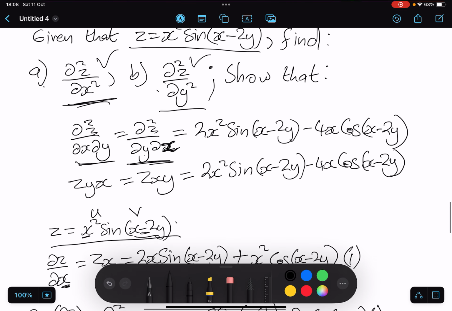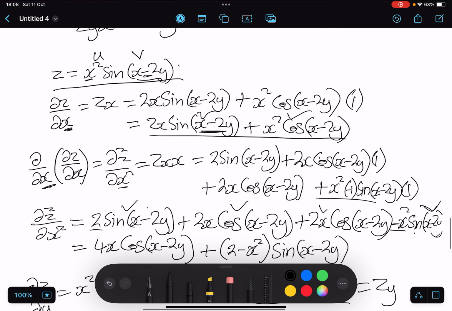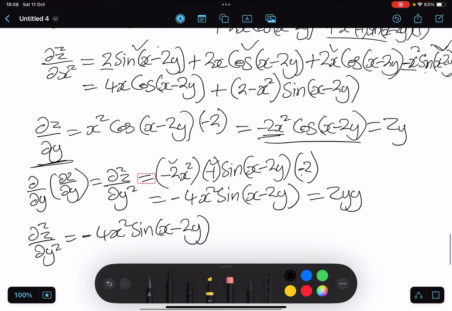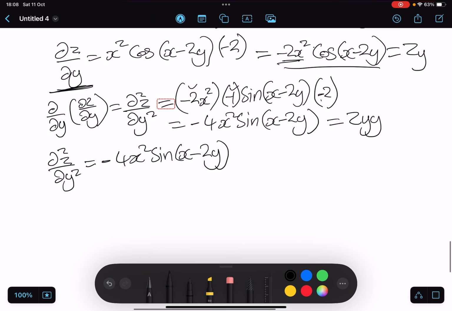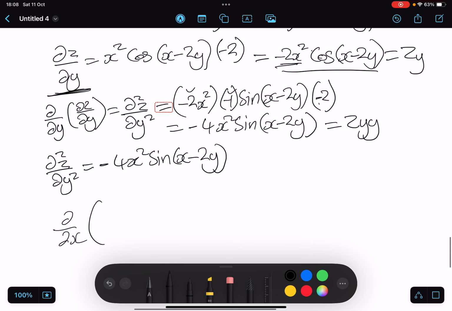We are going to take dz/dy and differentiate it with respect to x.